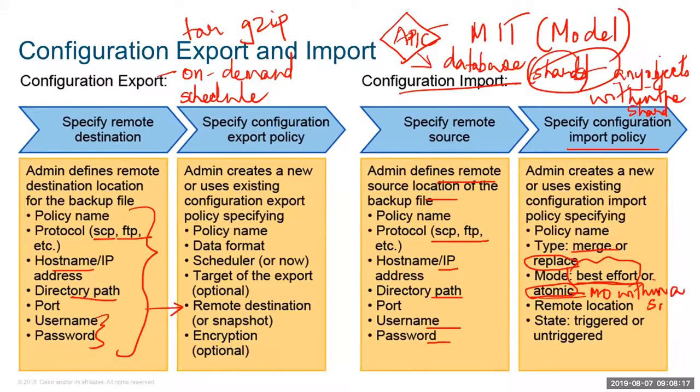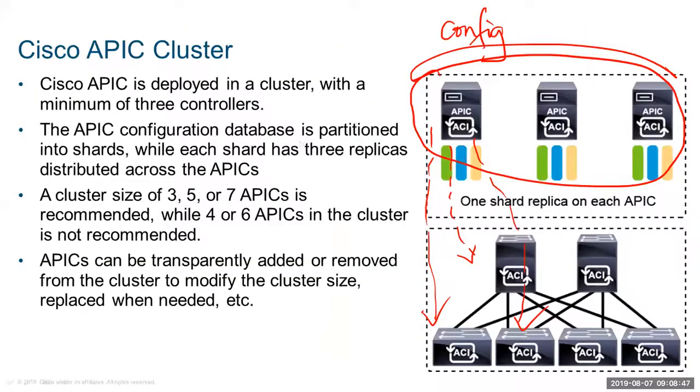A shard is a database term, by the way. It's a horizontal partition inside a database. It's used for large database systems. You can actually choose to back them up in an encrypted manner, starting with 1.12. You do have the option to specify that you'd like these files to be encrypted.